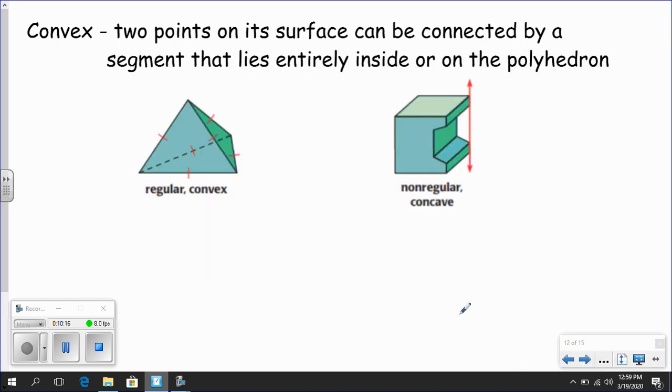Convex: 2 points on its surface can be connected by a segment that lies entirely inside or on the polyhedron. So this is a regular convex, and this is a non-regular concave. Remember we talked about with concave, it goes inward. So that part right there makes it concave.